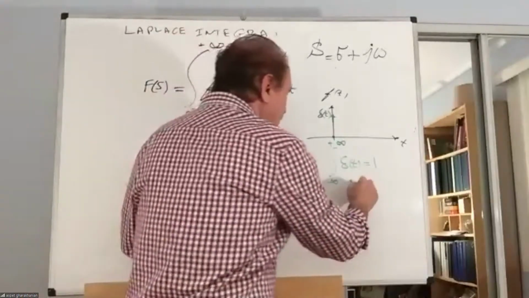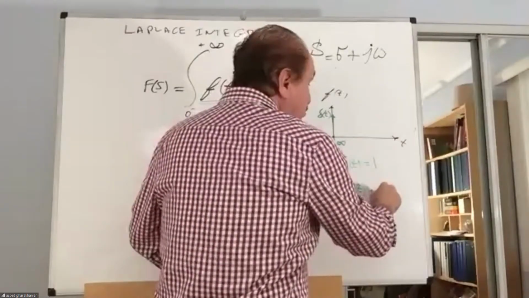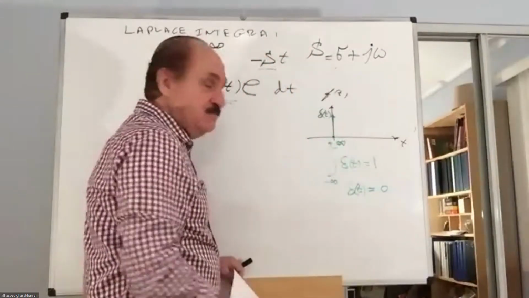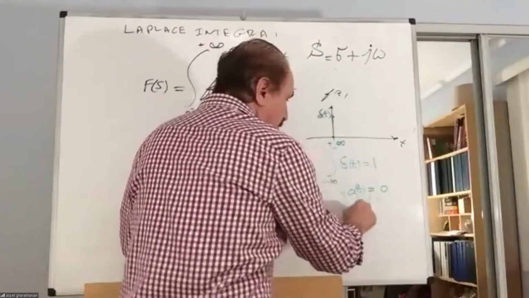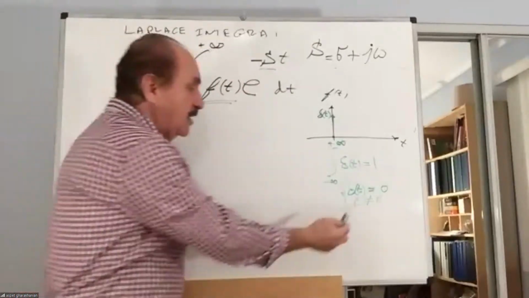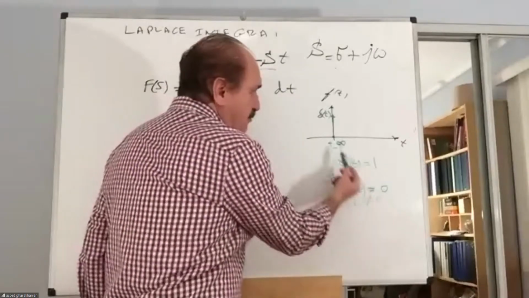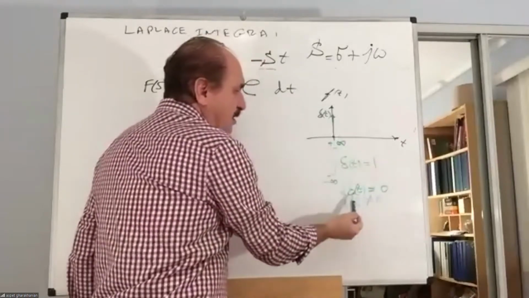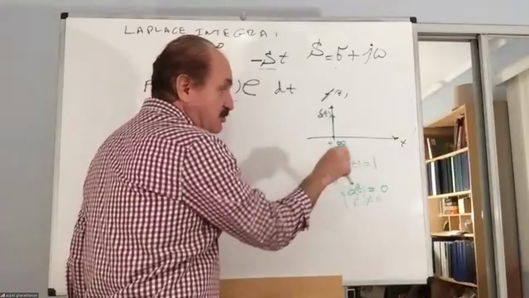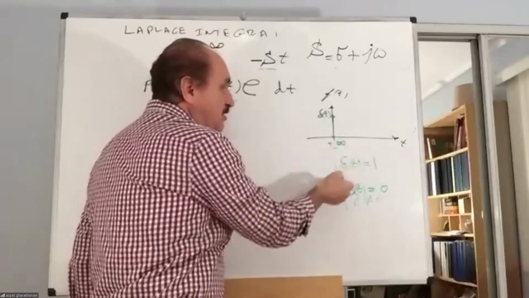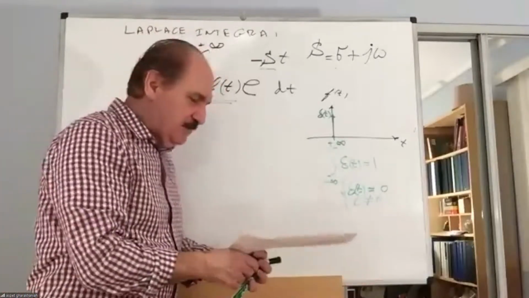So impulse, delta t, is equal to 0, we can call it, for t other than 0. Surely we can state that mathematically. So everywhere for t, just below 0, past the 0, it is 0. But when it comes to the time t equal to 0, right in the origin, its integral has a value of 1. It is a mathematical concept.